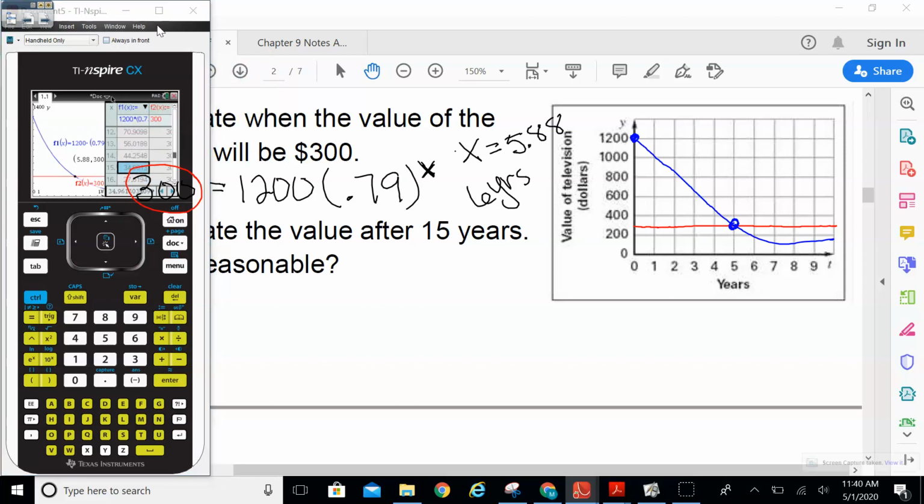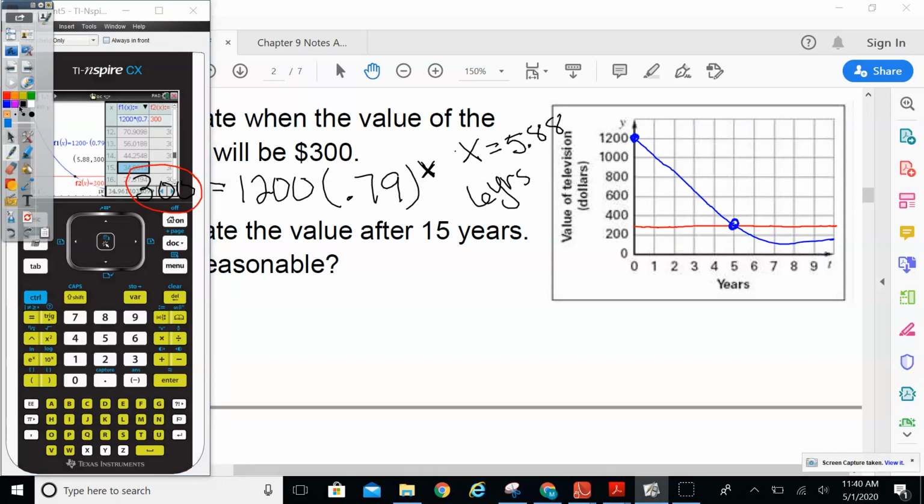So I get 38. So here we did 1200 times 0.79 to the 15th. We're looking at the 15th. Since this is money, I round to 2 decimals. So this is $34, and trying to see what that is, 96 cents.